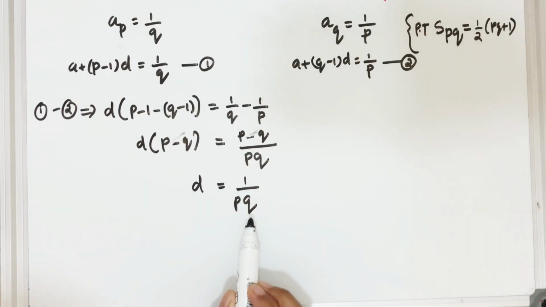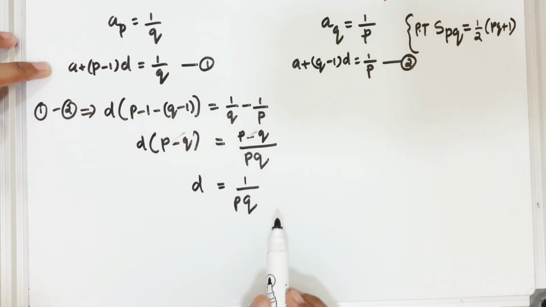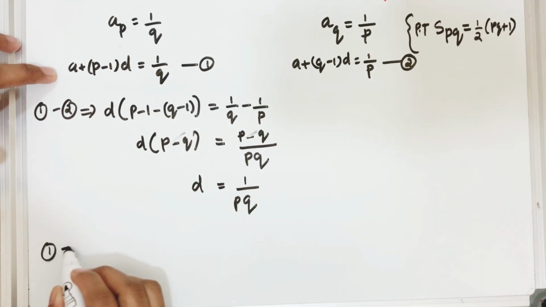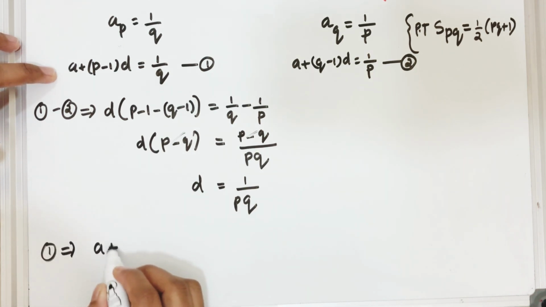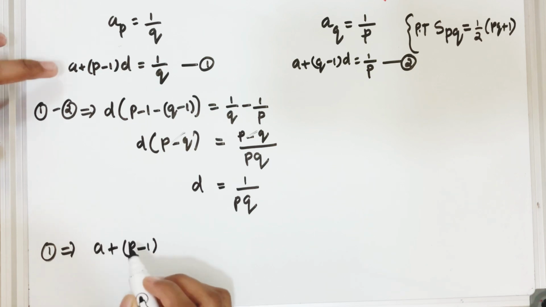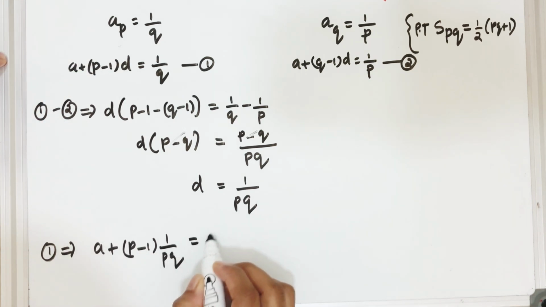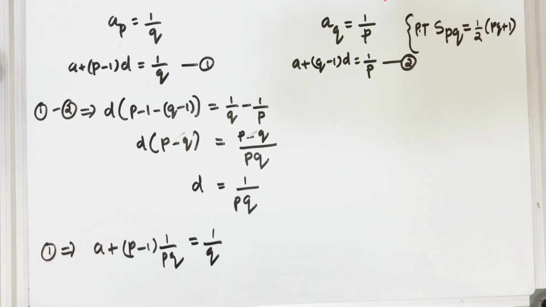Now we have D as 1 by PQ. To get the first term A, we can substitute in 1 or 2. Now 1 implies A plus P minus 1 into D, with D equal to 1 by PQ, is equal to 1 by Q. That is A is equal to 1 by Q minus P minus 1 by PQ.